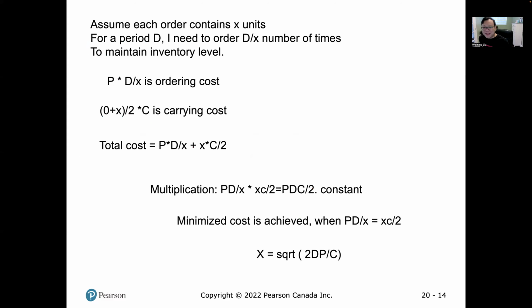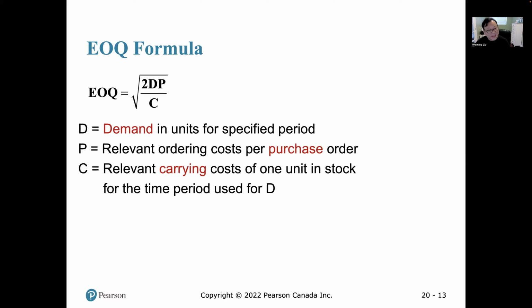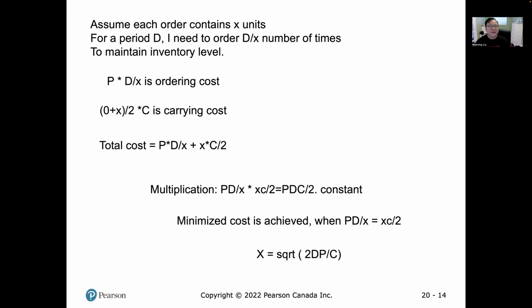So how can we get this? You don't have to know this, but I want to convince you this is true. Basically, assume that for each order, you need to order X units.